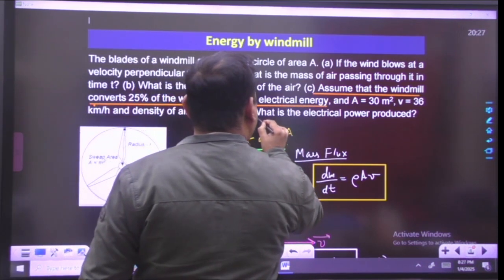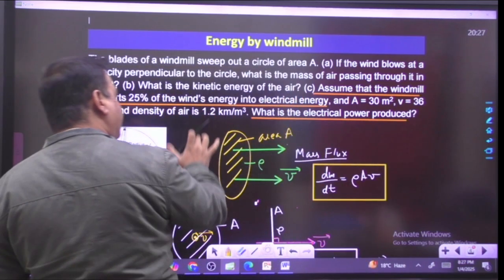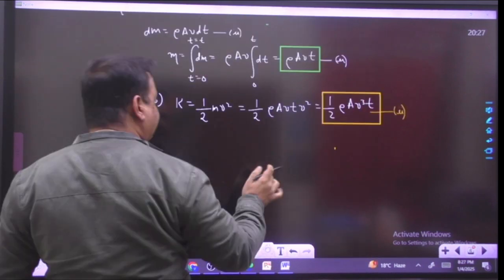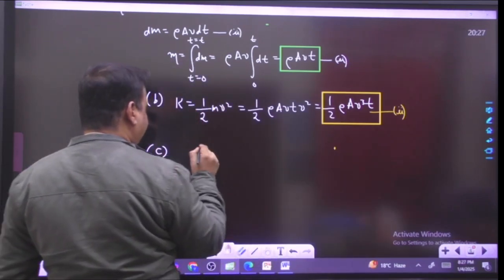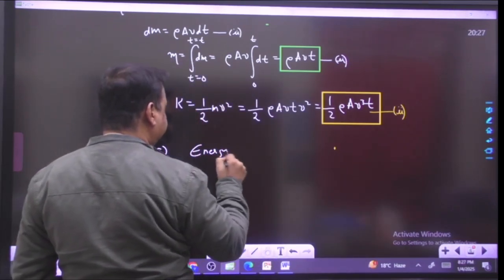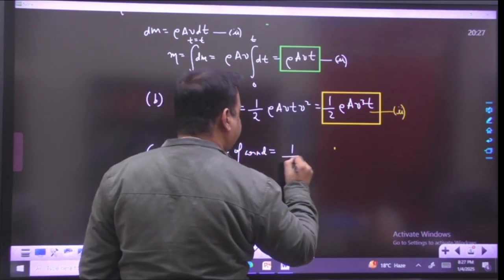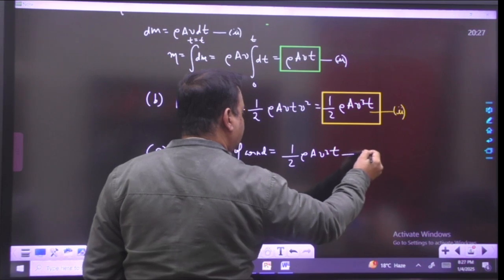What is the electrical power produced? So we have to find the electrical power produced. See, the energy of the wind is in the form of kinetic energy. So we can write, the energy of wind is its kinetic energy, half rho A v cube t, correct?